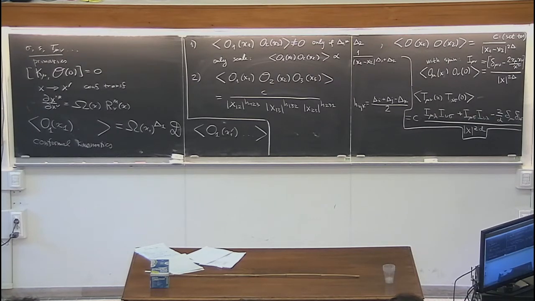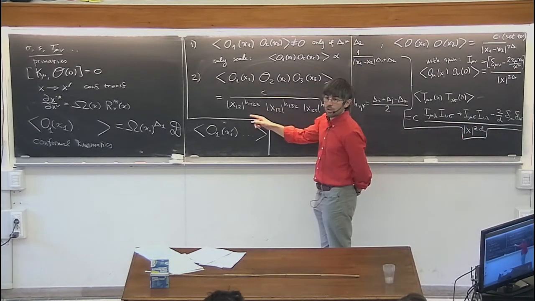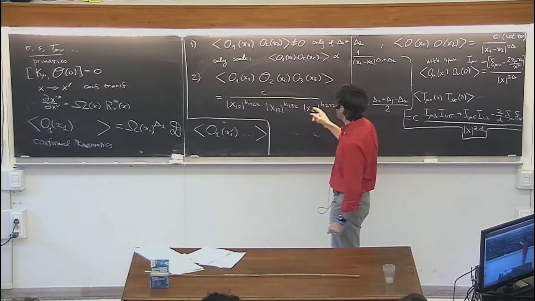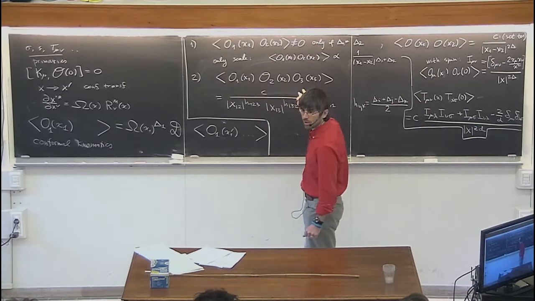So what are the important remarks? Of course, if we just had scale invariance, once again, we would have a much bigger and infinite, in fact, freedom to write down these 3-point functions. Because if we only had scale invariance, then the only condition we had to impose is that the sum of these h's had to be equal to the sum of the scaling dimensions, delta 1 plus delta 2 plus delta 3.